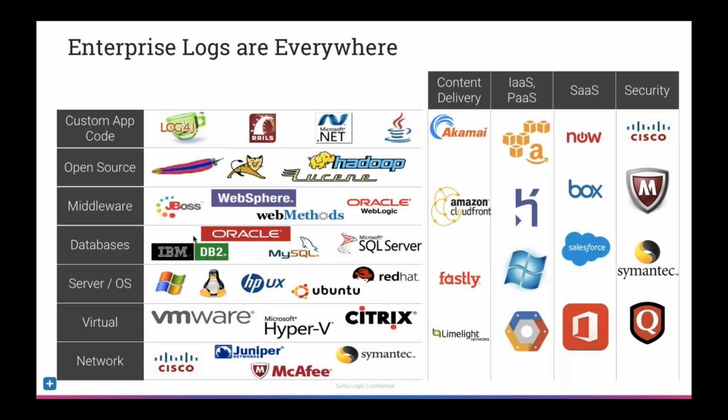First thing is, we can really collect data from just about anything. You can send us a book if you want to. We'll take that book and we'll index it. You can send us logs that are structured. You can send us unstructured data. These are just examples of kinds of logs that we can take in. You notice that we can grab data from your entire stack, starting from your network all the way up to your custom application code, and however you're wanting to send us that data.